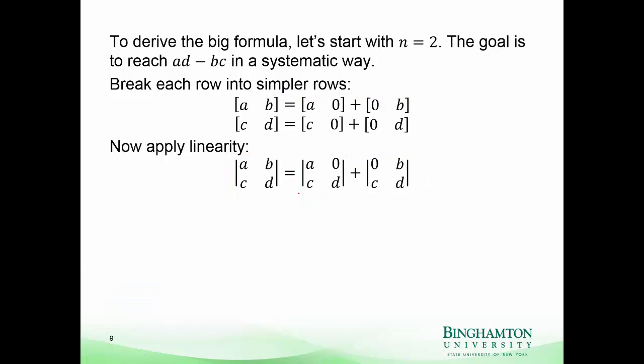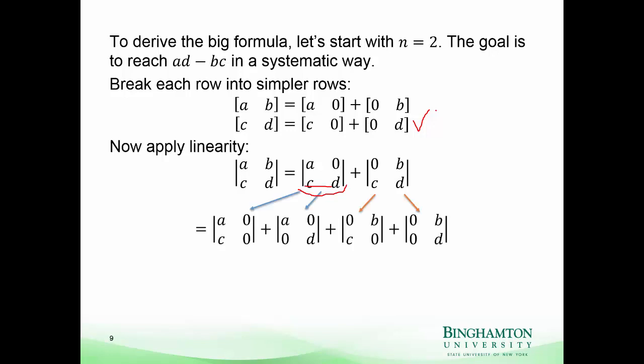Now we can take each one of these and break up the second row using the second decomposition. The first term gets broken down into two terms following the blue arrows, and the second term gets broken down into two terms following the brown arrows.